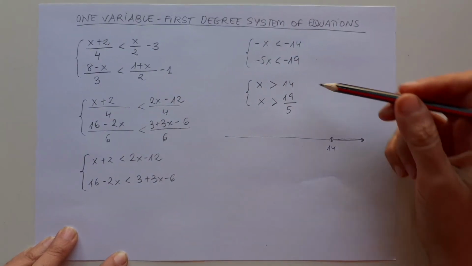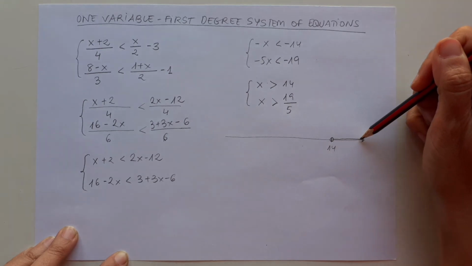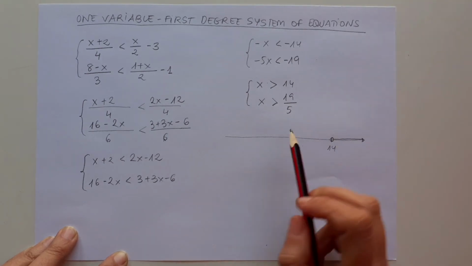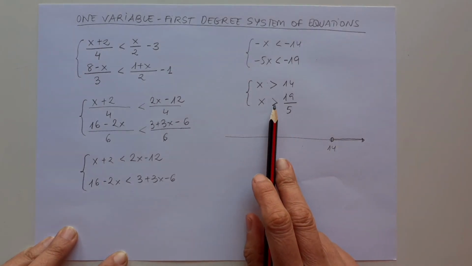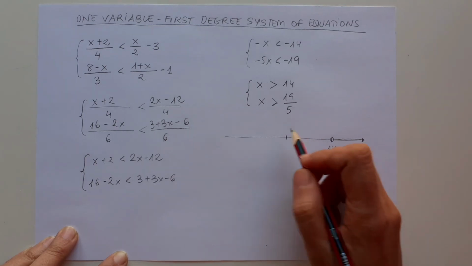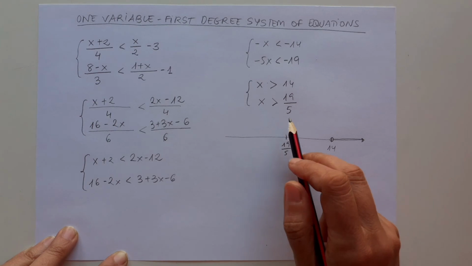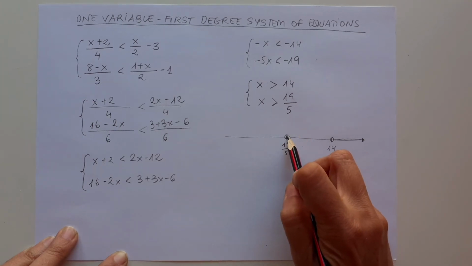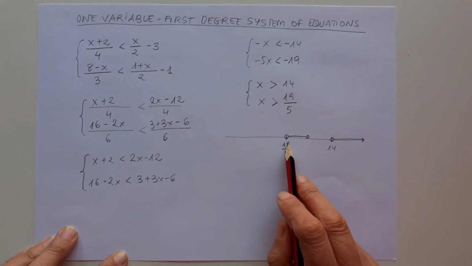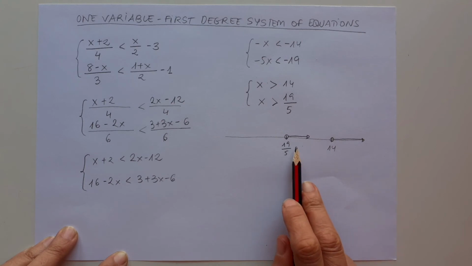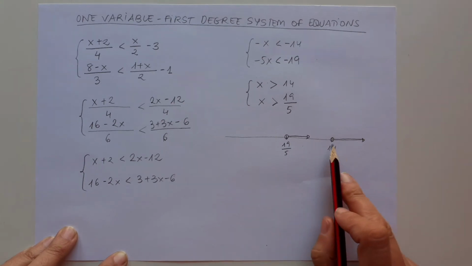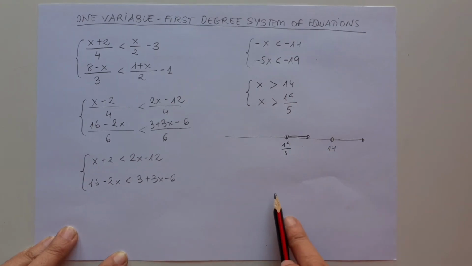So to follow this inequality, my x values must be here. And to follow this one, 19 over 5 is to the left of this value. And since it has to be greater, again a dot to the right, okay? And to satisfy both things at the same time, it has to be from 14 to the right.